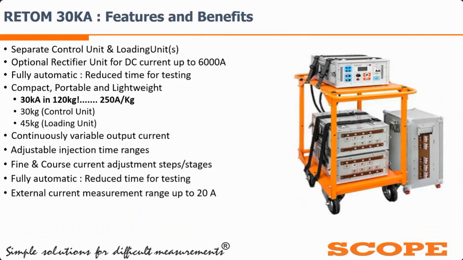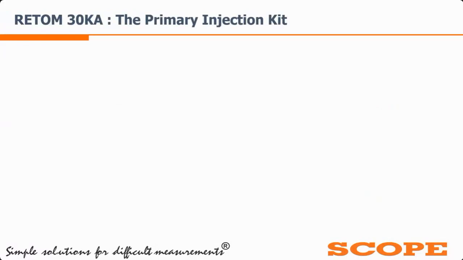Then external current measurement range, as I said, for CT or any related test we can conduct, and for that we have provided an external current measurement facility, and this instrument is capable of measuring current up to 20 ampere. Similarly, an external voltage measurement facility we have provided, so we can measure up to 500 volt.